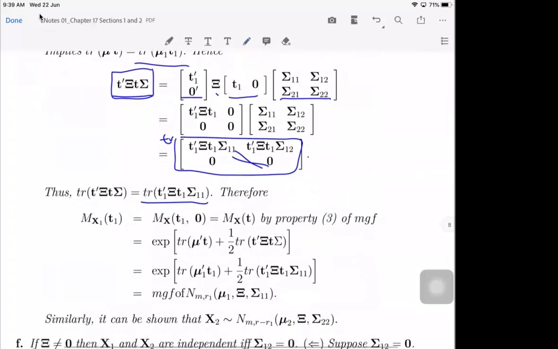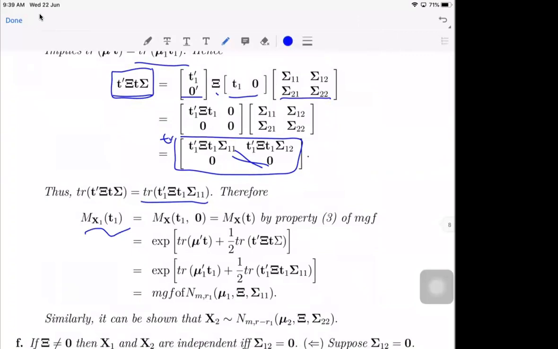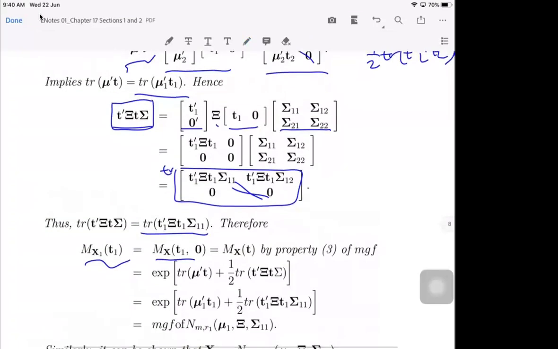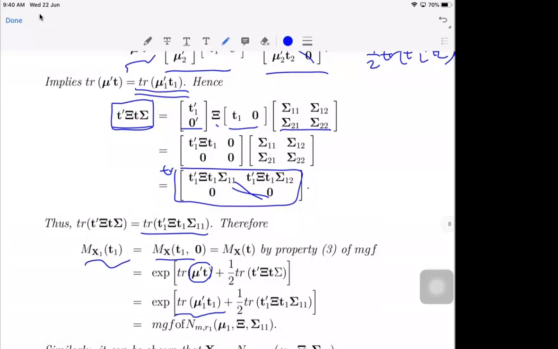So the marginal MGF at x1 is equal to this, and then you substitute mu hat t. The trace of mu hat t will be equal to the trace of mu 1 prime t1, and the trace of t prime psi t sigma is actually this one. So you substitute it there.